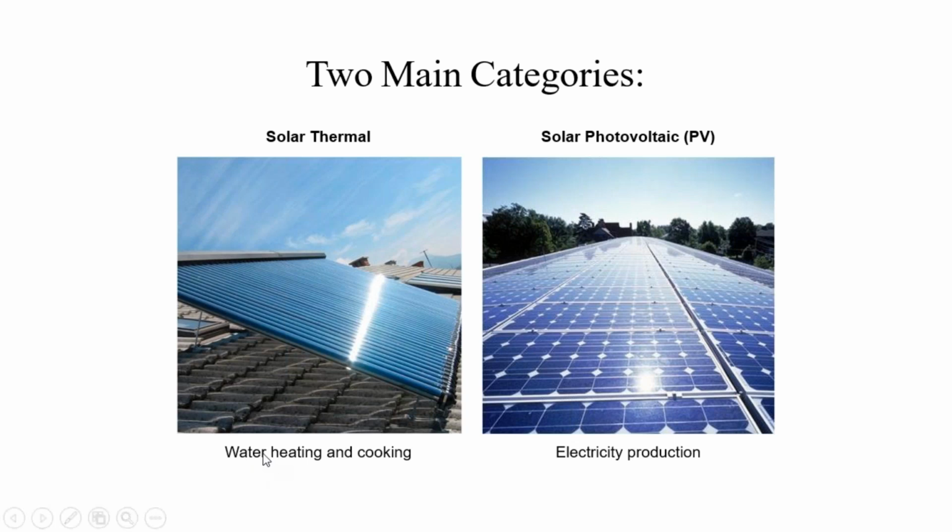But as we know, the ultimate goal is either running a pump or heating something. So here we have another very convenient method, the solar thermal system, which is basically used for water heating and cooking, and we have many more applications. I will explore them one by one.